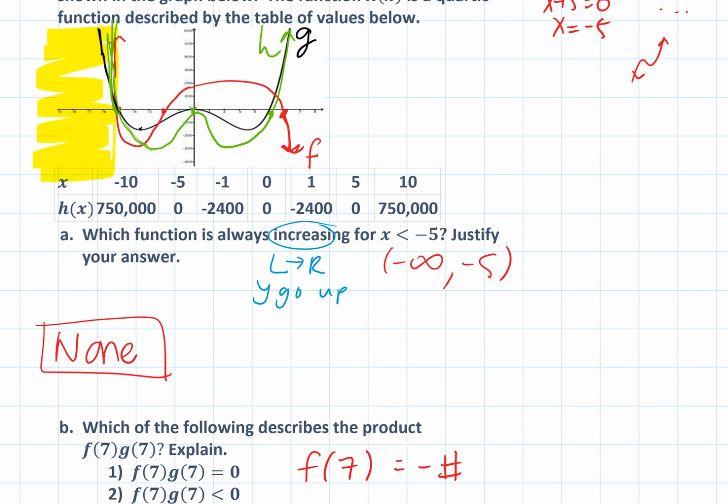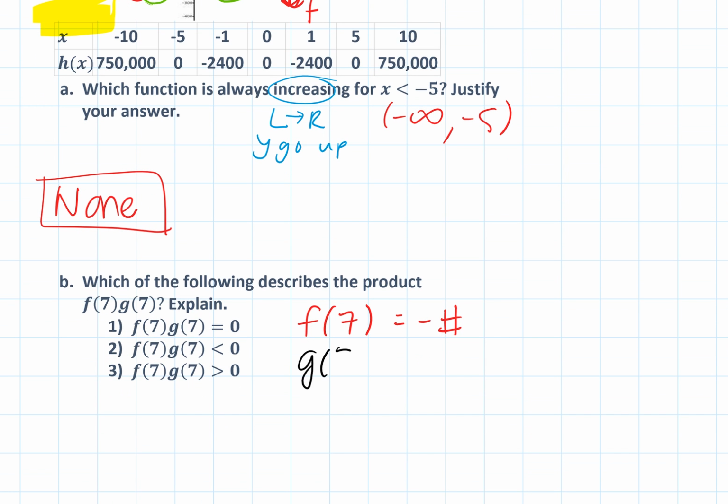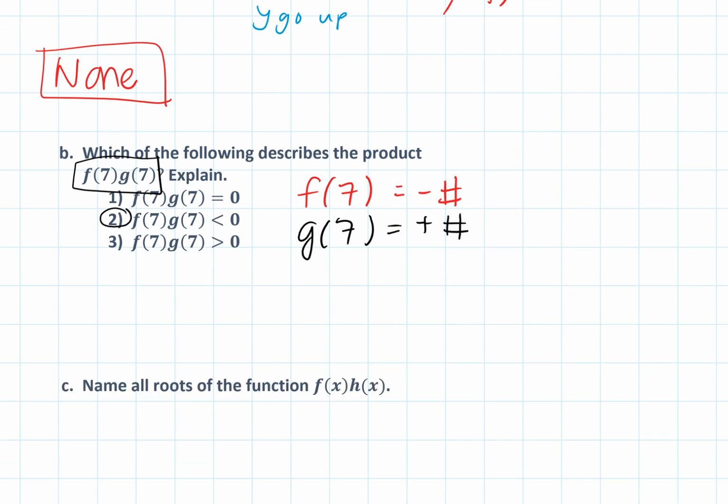What about g? Well, g is increasing, so we're going to have some positive y value. So g of 7 is some positive number. We have no idea what that number is, but that means that their product, a negative times a positive, is negative. And so the product, f of 7 times g of 7, must be less than 0 or negative.